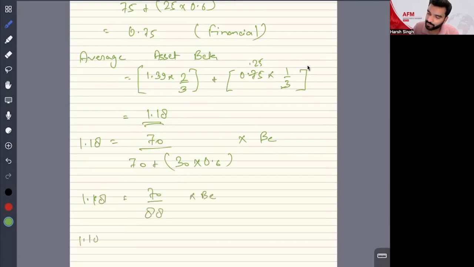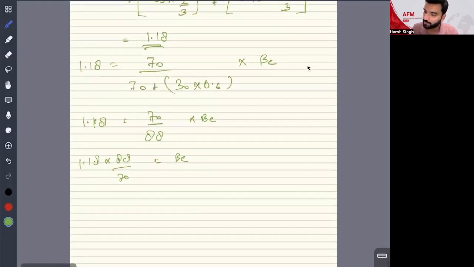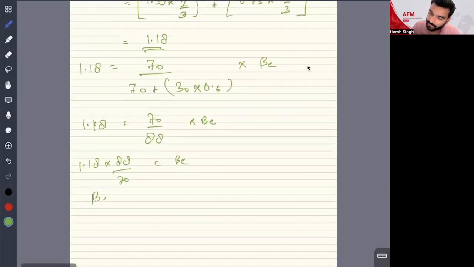So 1.18 multiplied by 88 upon 70 will equal beta equity. 1.18 multiplied by 88 divided by 70 equals 1.48. So beta equity will be equal to 1.48, everyone. This is your beta equity.